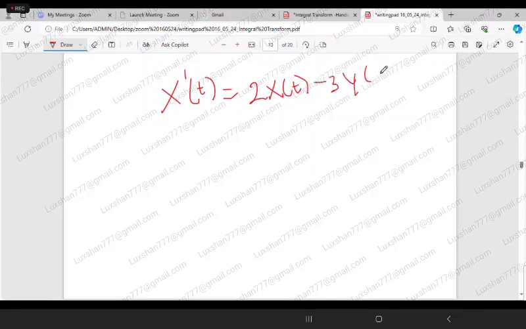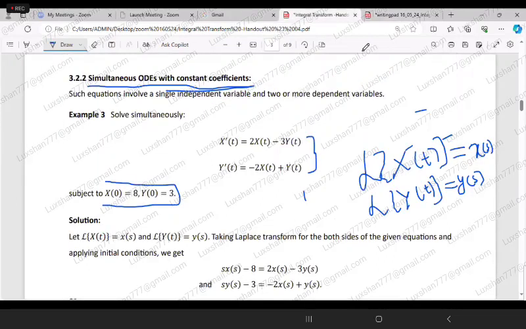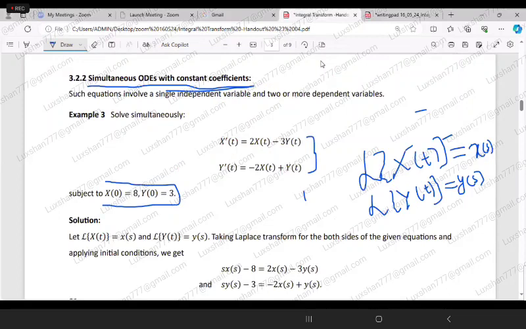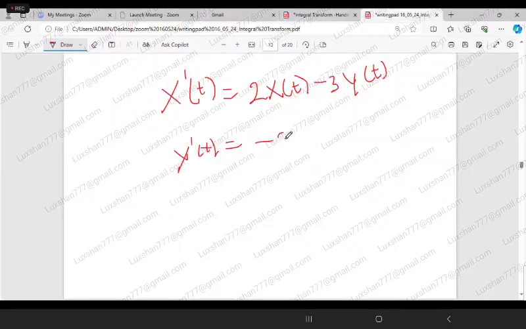Next one, y dash t equals minus 2x(t) plus y(t).